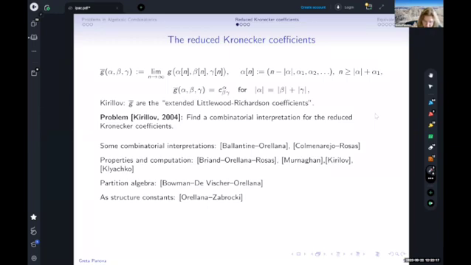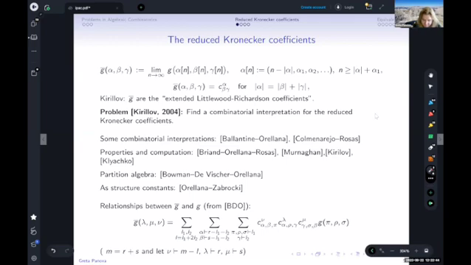They have been studied from various sides. They show up as structure constants, as Mike would probably be able to tell us more, and maybe you actually already spoke at IPAC about this. So the reduced Kronecker coefficients have a life of their own, and there are some interesting relationships between them.